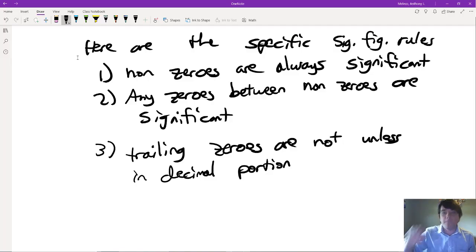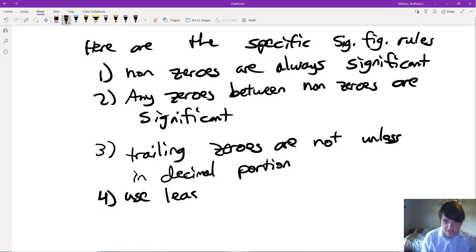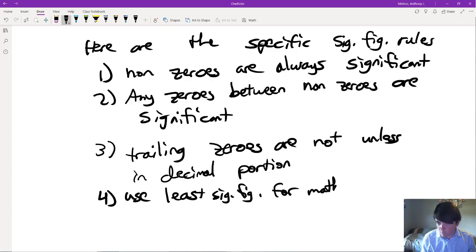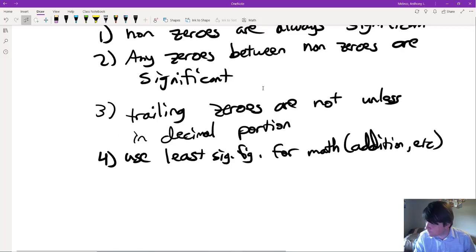If you do 1,000 period, that period implies you know with accuracy that number, and so that makes those 3 zeros significant, and that would be 4 sig figs for that. But again, we'll do this. And again, here's the last rule. Use least sig fig for math. So like addition, etc. Okay, you want to use the least significant figure.